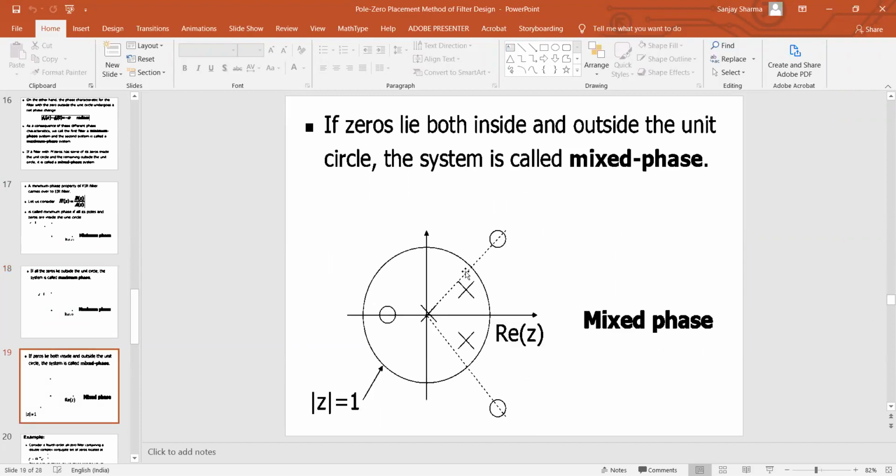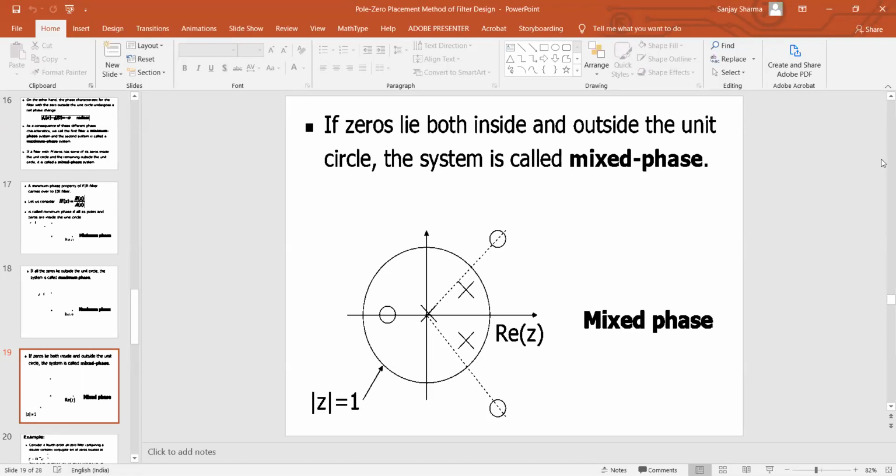Now, if some zeros lie inside the unit circle and some zeros lie outside the unit circle, these systems will be called mixed phase systems. So the terminology of minimum phase system, maximum phase system or mixed phase system will apply to both FIR filters and IIR filters.